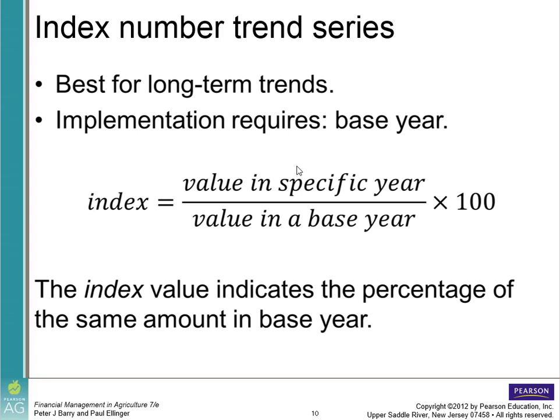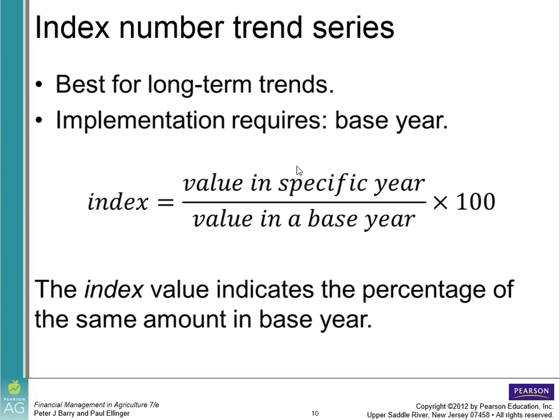So let's say you select the base year, I don't know, 2010. So 2010 is the year through which you look at all other years. So you compare 2010 to 2018 to 2017, etc. Or maybe, you can even go back further from 2010.